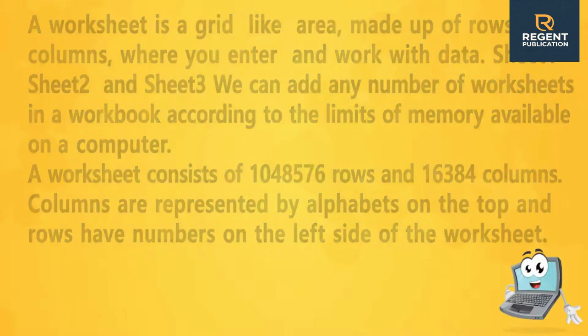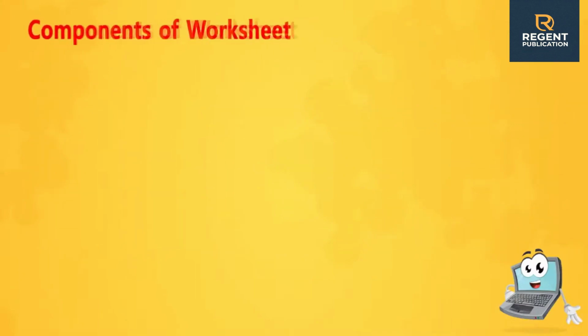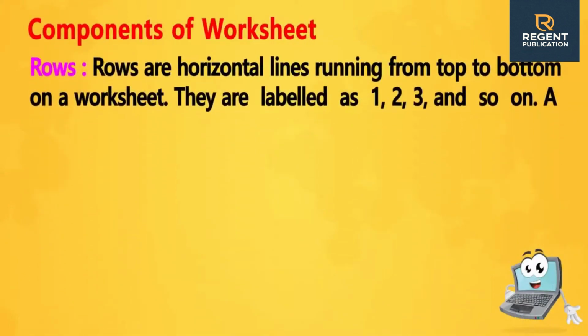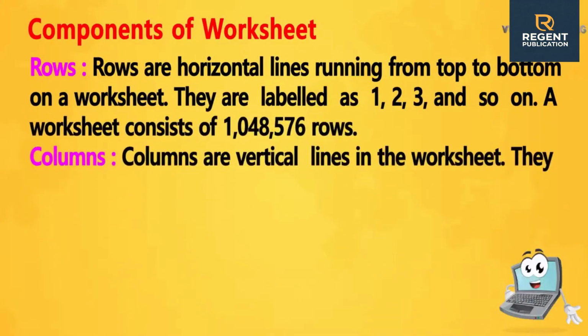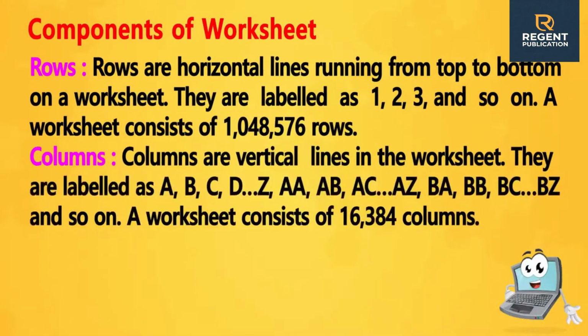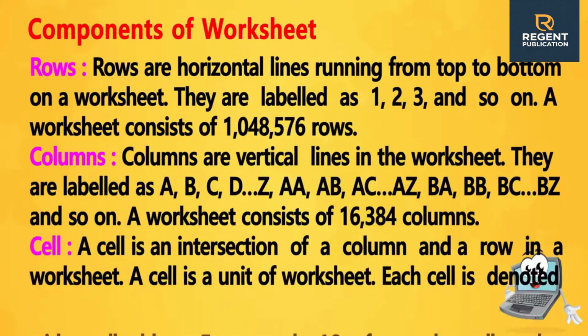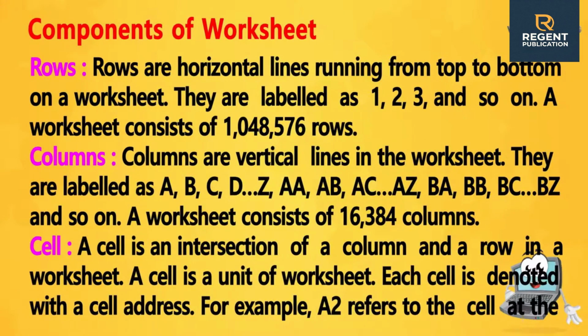Components of worksheet. Rows. Rows are horizontal lines running from top to bottom on a worksheet. A worksheet consists of 1,048,576 rows. Columns. Columns are vertical lines in the worksheet.